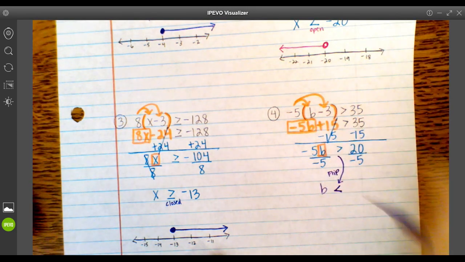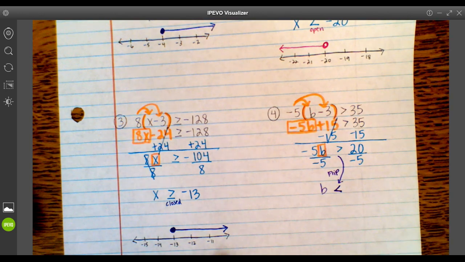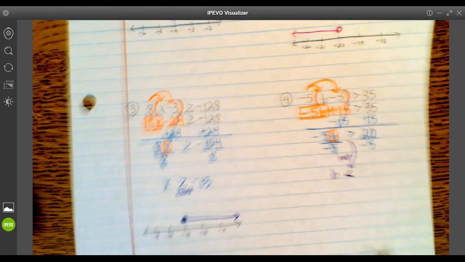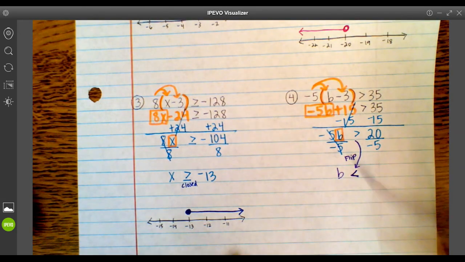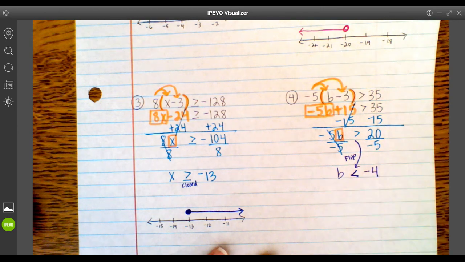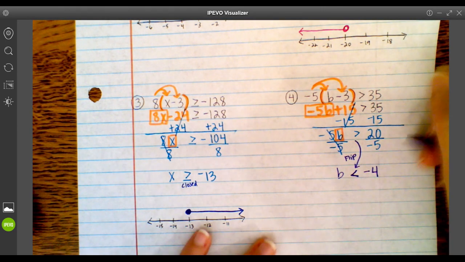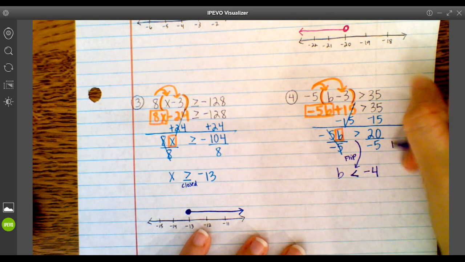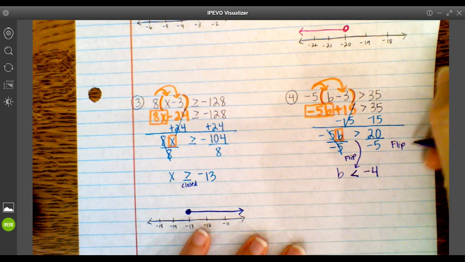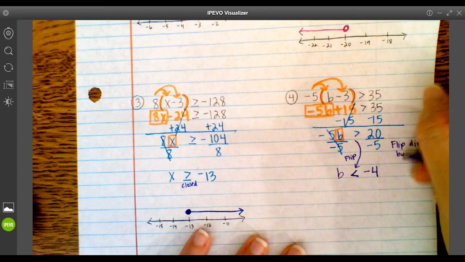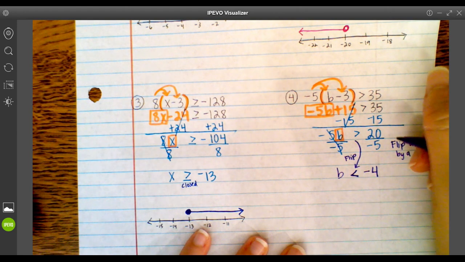So we have b on the left side, and 20 divided by -5, sorry about that, is -4. Now, we'll make a note here: flip when you are dividing by a negative.